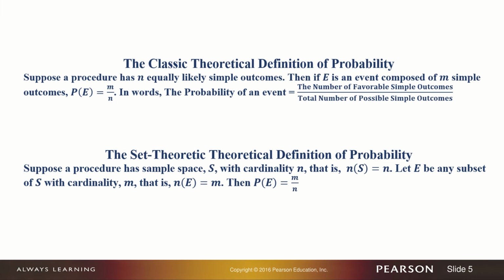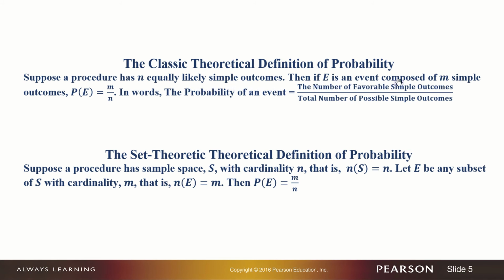So when it comes to the classic definition of probability, which is theoretical, that's before the set theoretic notation came in, before sets started taking over all of mathematics and everything started being described in terms of sets. The definition was very simple. Suppose a procedure has n equally likely simple outcomes.